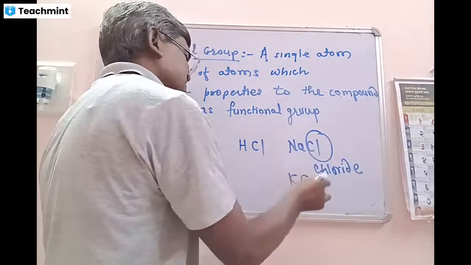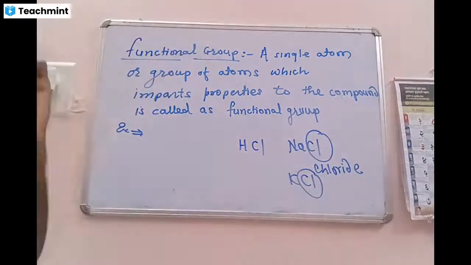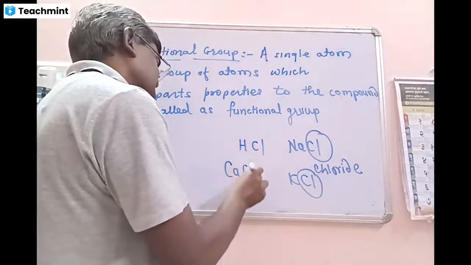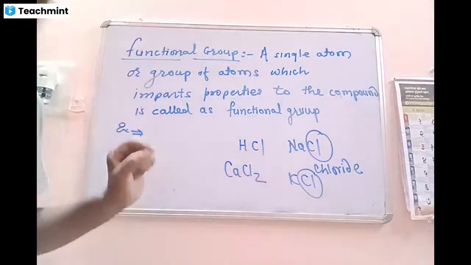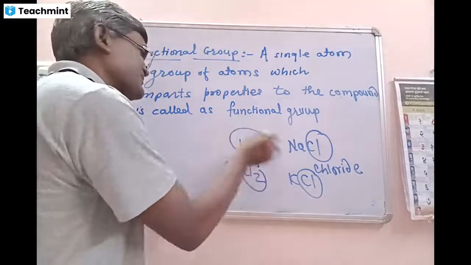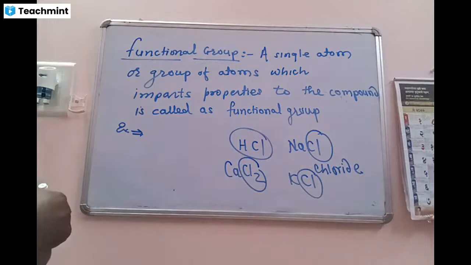What is this? Potassium chloride, right? What about this? Calcium chloride. So now what should be the name of this? Hydrogen chloride.